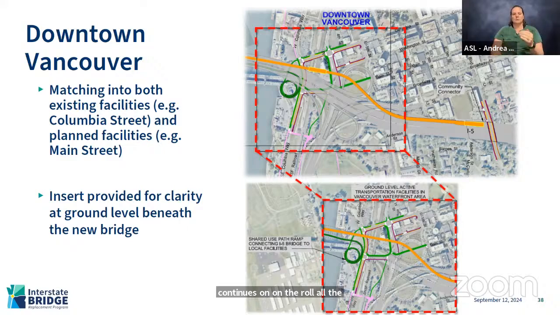The community connector is shown, which will also provide active transportation movements over the freeway to connect the east and west sides. We'll continue to work with our partners on development of their adjacent projects so that we make sure our active transportation facilities match up against what they're planning or proposing.